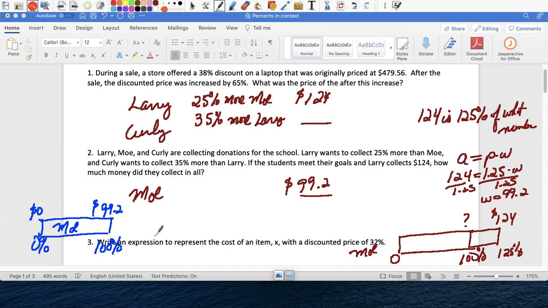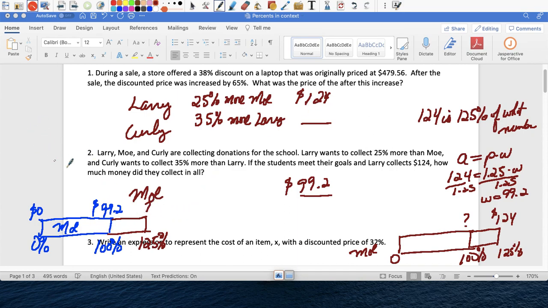And then Larry is going to have whatever Mo has plus 25% of whatever Mo has, which is going to take him to 125%. Let's see if that number is actually 124. That's what I'm looking for.